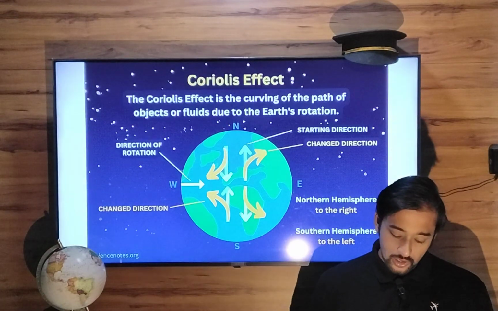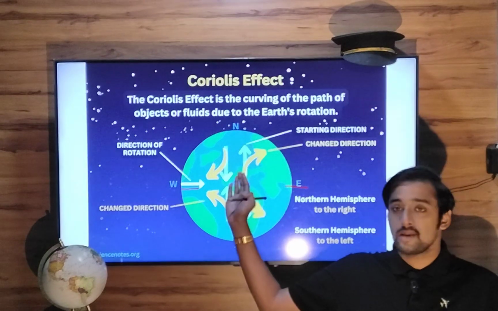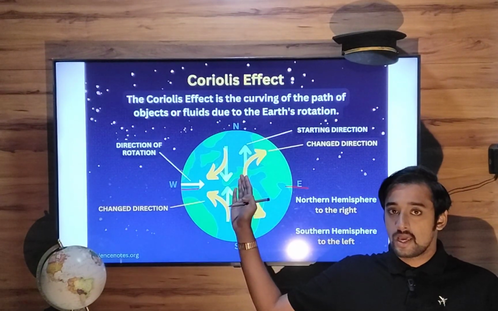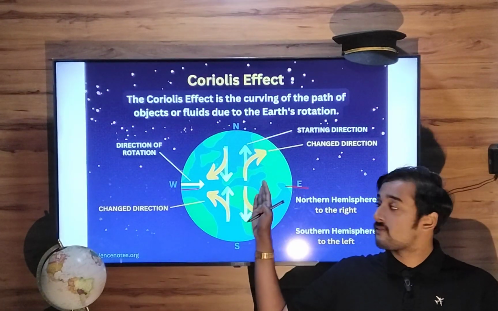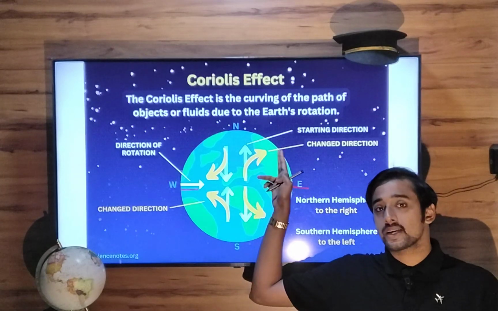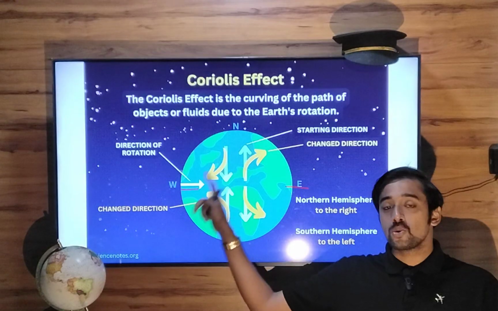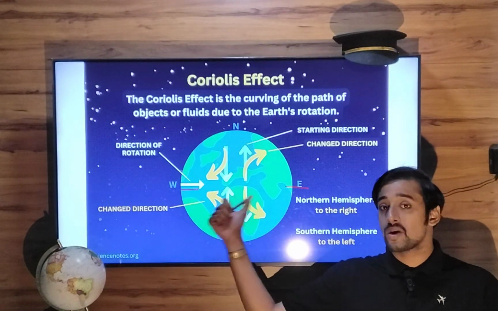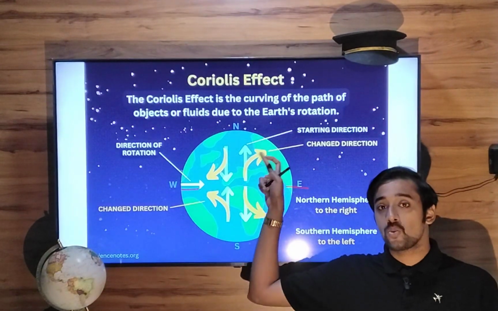The direction of rotation is from west to east. If you are in the northern hemisphere and the wind is going towards the north pole, it will automatically get deflected to the right hand side instead of going straight to the north pole, due to the rotation of the earth towards the east.